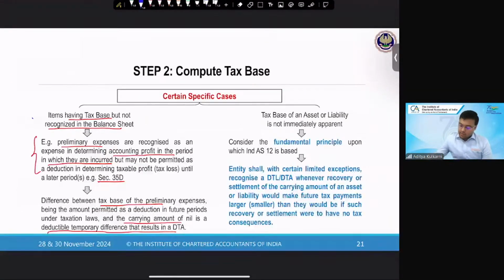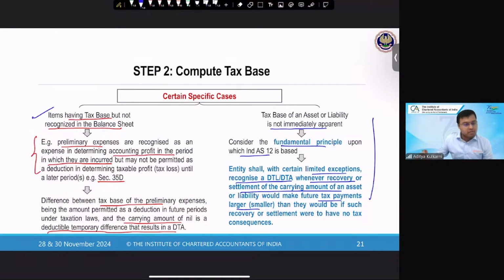Next one. Tax base of an asset or liability is not immediately apparent. This is just theoretical. Consider the fundamental principle upon which Ind AS 12 is based. The entity shall, with certain limited exceptions, recognize a DTA or DTL whenever recovery or settlement of the carrying amount of the asset or liability would make future tax payments larger or smaller than they would have been if such recovery or settlement were to have no tax consequences.